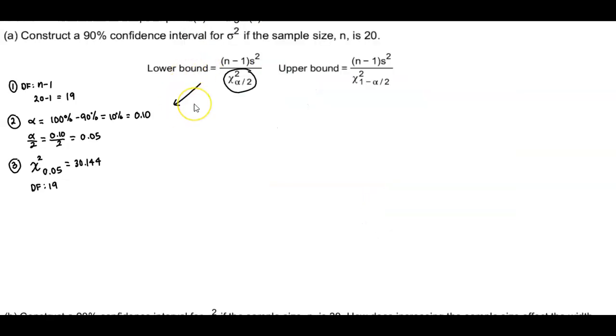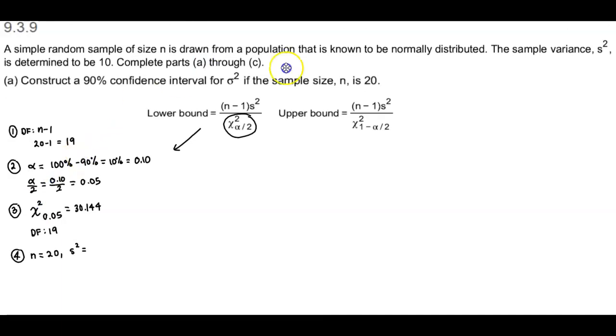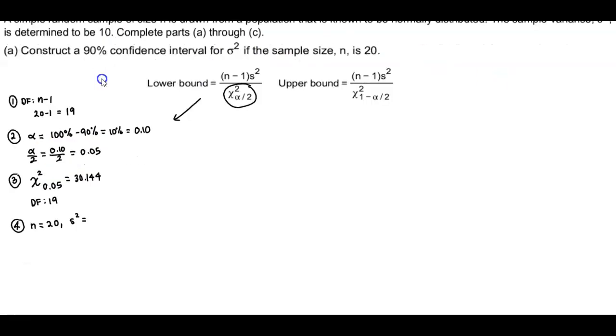Now let's find the lower bound. What do we need to know? We know that the sample size n is 20, and the sample variance given in the problem is 10. We know our critical value for 0.05 is 30.144. So we plug it into our formula.